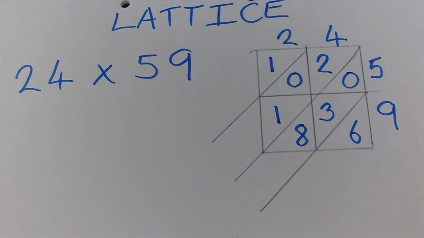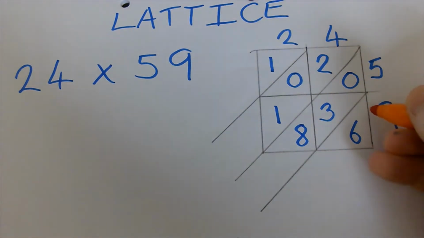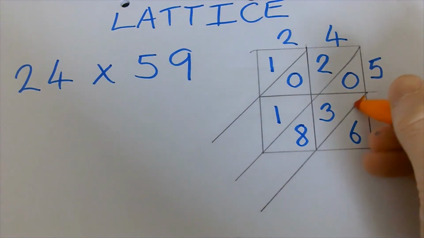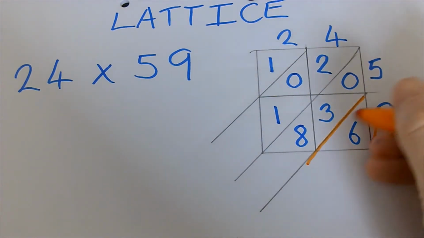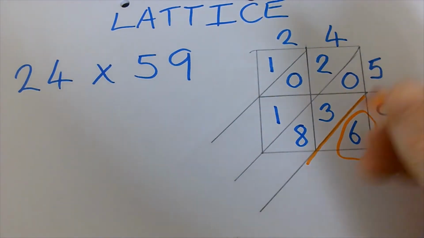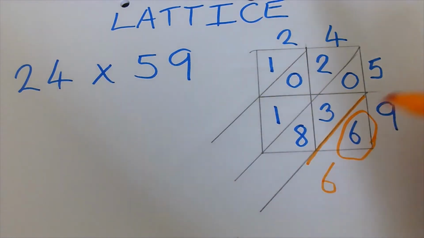Okay, so what we do now is, instead of just adding them all up and then finding our answer, we'll follow each line down and add them up that way. So everything on the back side of this line, so just this, would equal just 6.